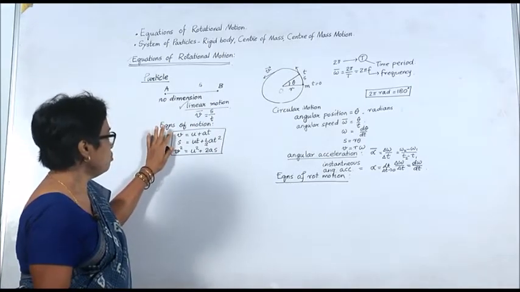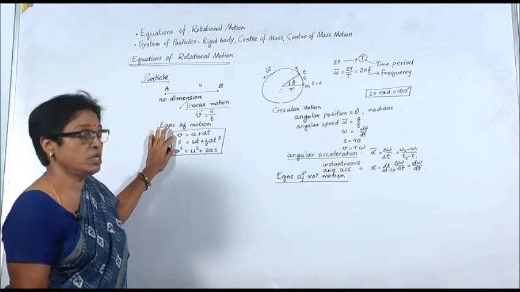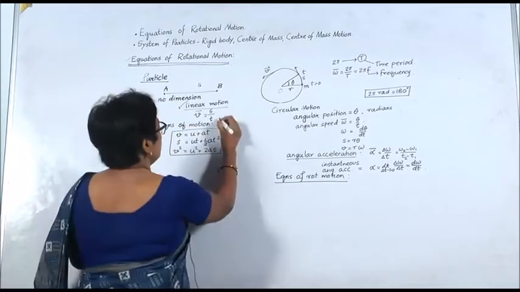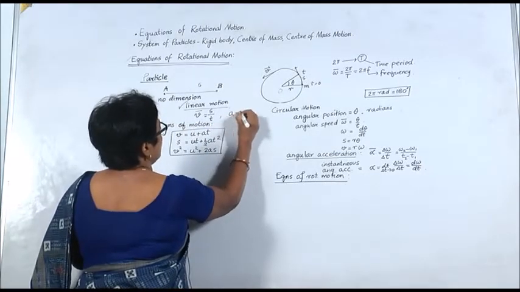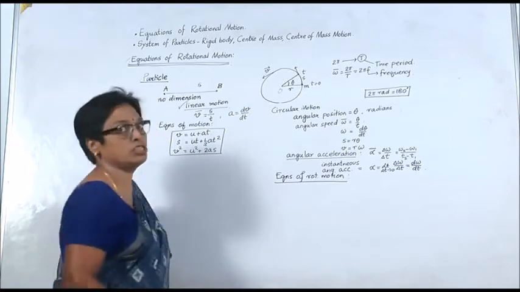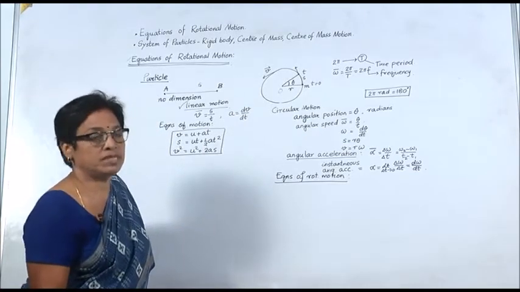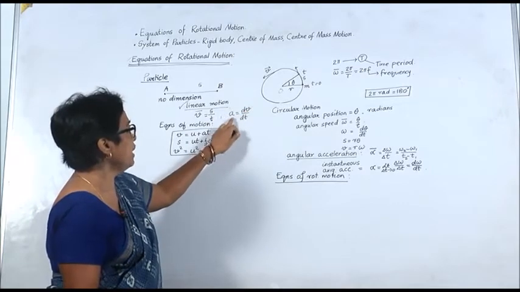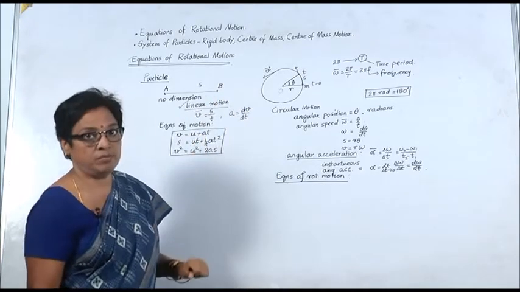How did you find v equals u plus at? From the definition of acceleration, which was dv by dt, the rate of change of velocity per unit time. So, from that dv equals a into dt and you integrated.